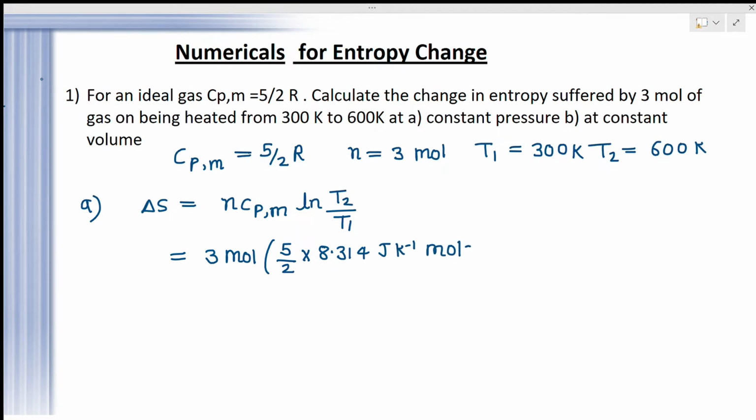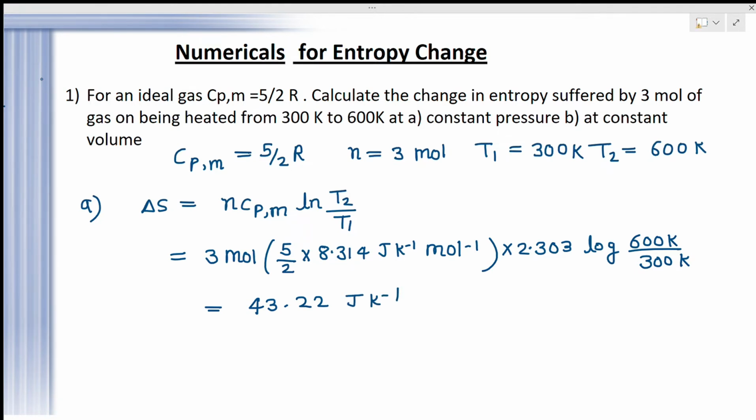Then, for the natural log, we use 2.303 logarithm of 600 Kelvin upon 300 Kelvin. Now you can use the calculator and you will get 43.22 joules per Kelvin.